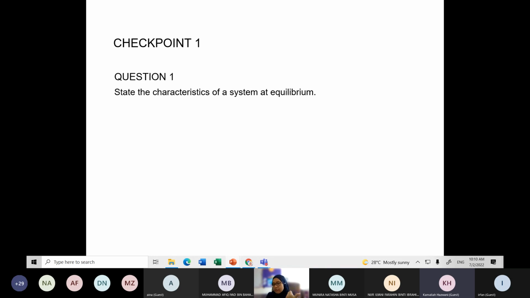And then secondly, how do we know that it is at equilibrium? What actually happened at equilibrium? The rate of forward reaction is equal to the rate of the reverse reaction. Very good.